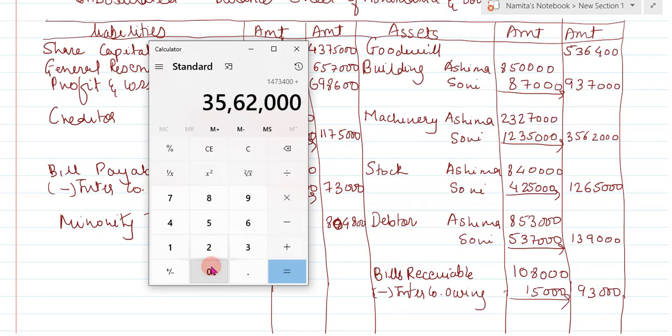35,62,000 plus stock amount, then amount of debtors, amount of bills receivable, wait, something is missing here.